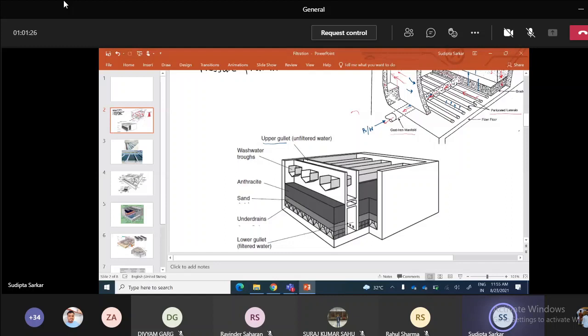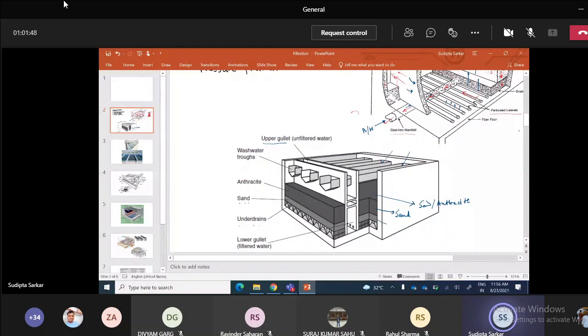There will be a layer of sand here, or on the top layer there may be anthracite. So it is a dual media filter when we are talking about anthracite and sand, and lying below the sand is a gravel layer.